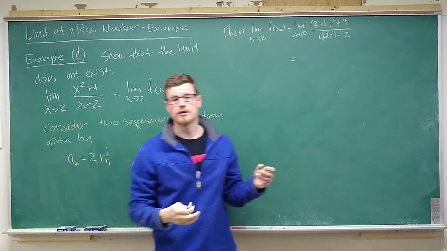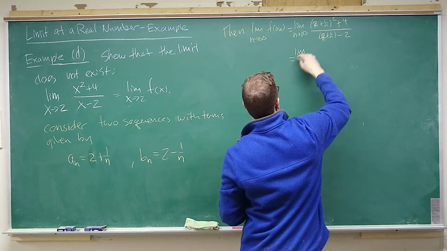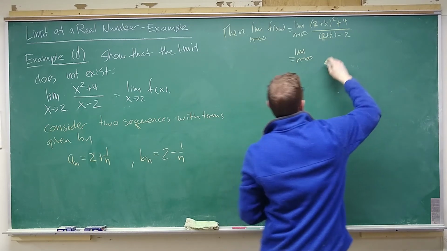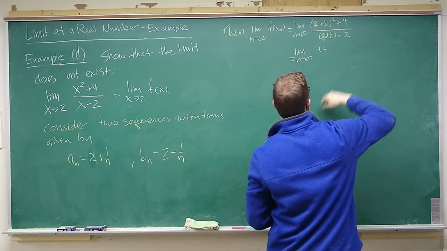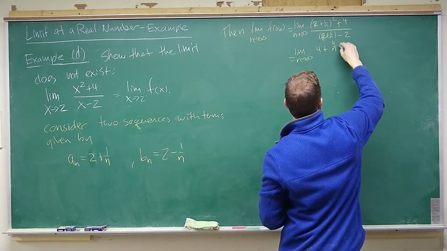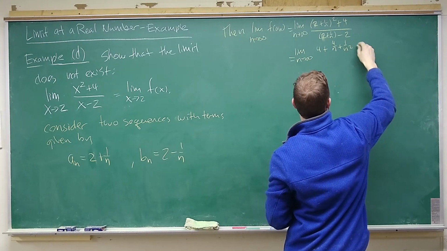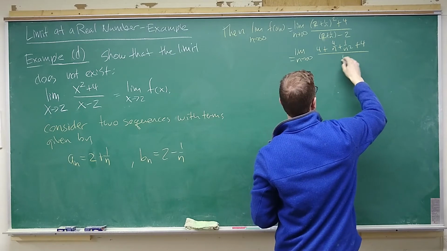Expanding the numerator and simplifying the denominator gives me the limit as n goes to infinity of (4 plus 4 over n plus 1 over n squared plus 4) divided by 1 over n.